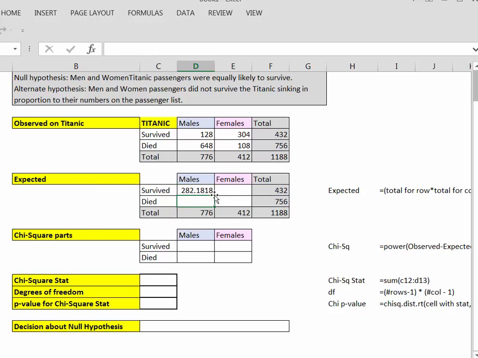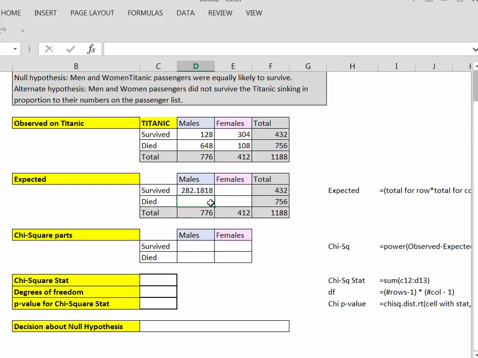So it gives me an expected number of men who would survive if gender had nothing to do with survival. And notice it does have decimal places in it. There is no requirement that the expected value be a whole number. The observed value will be, because those are actual counts, but this can be a decimal place.